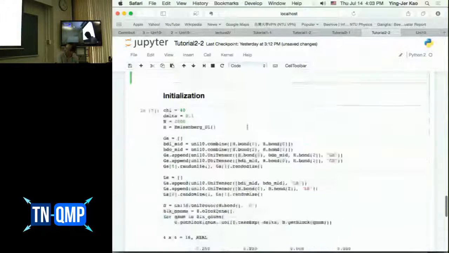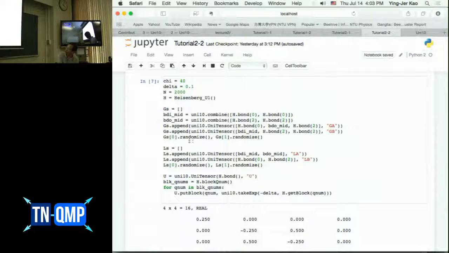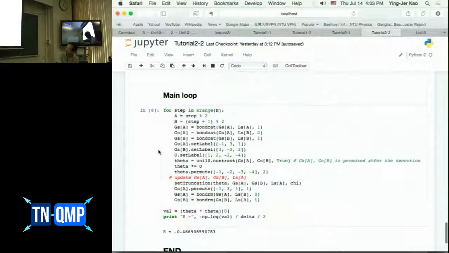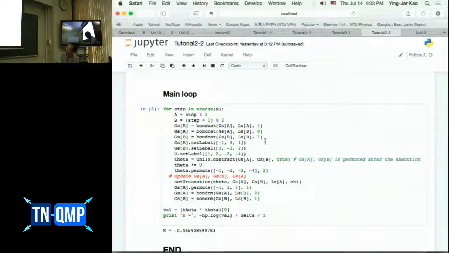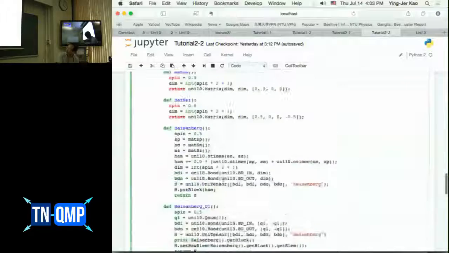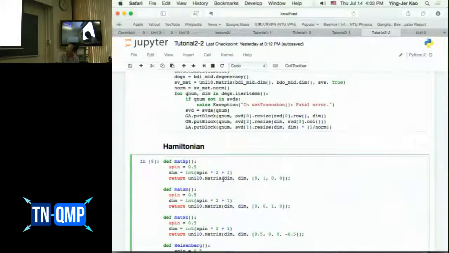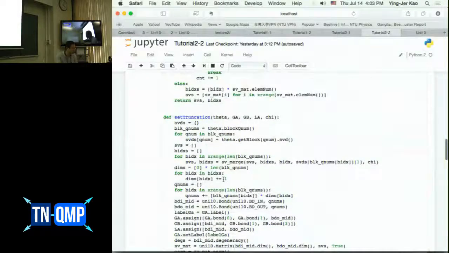So you see that the contraction is almost the same as before. The only tricky part is this SVD truncation. Now you have a U1 symmetric ITBD. Questions?